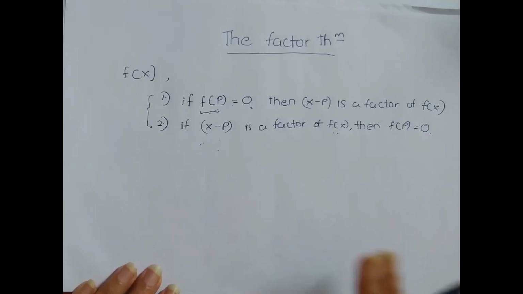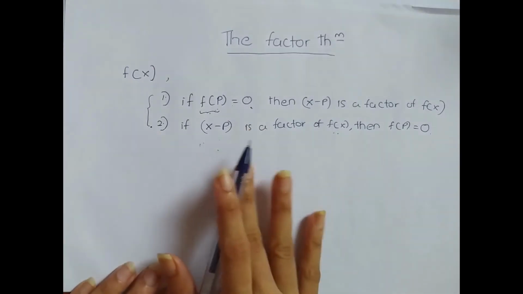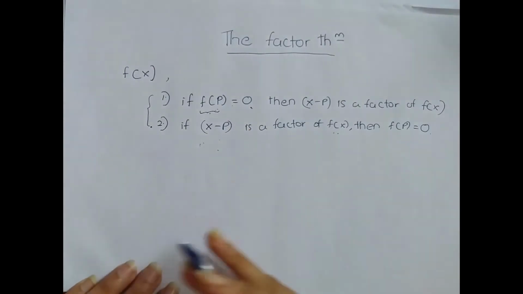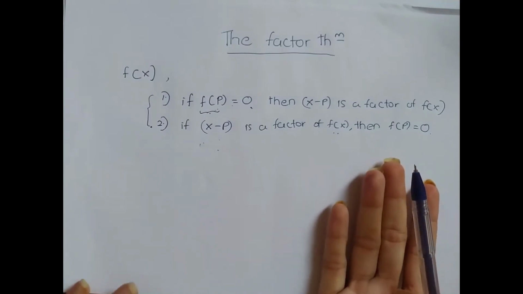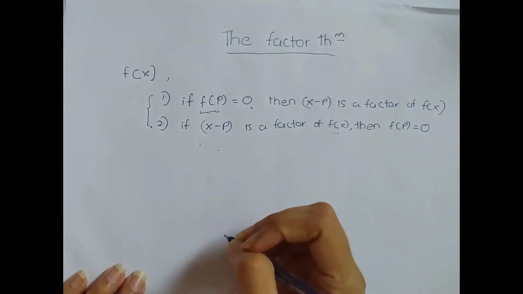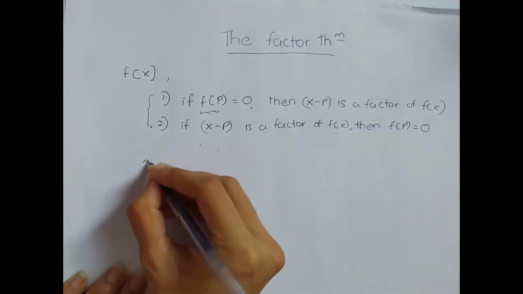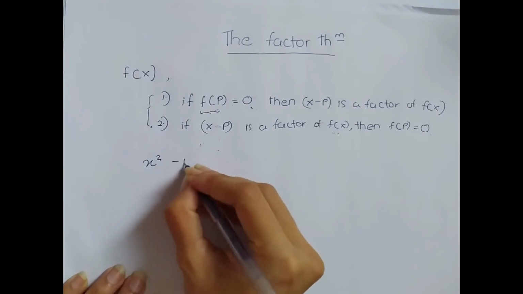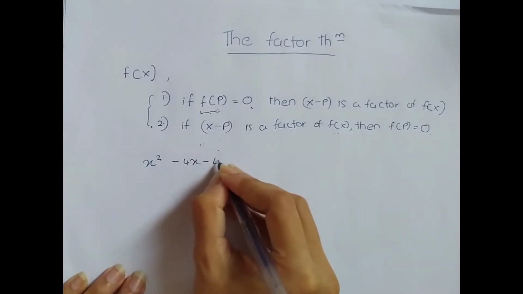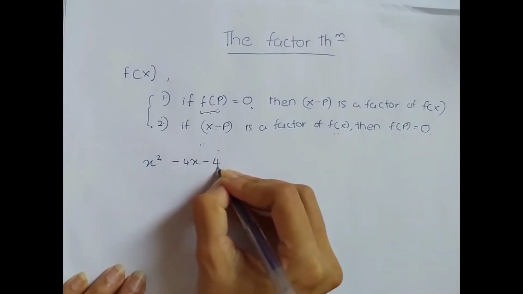First you learned using the algebraic division, and now we are going to use the factor theorem. I'll take this example: x cubed plus x squared minus 4x minus 4.